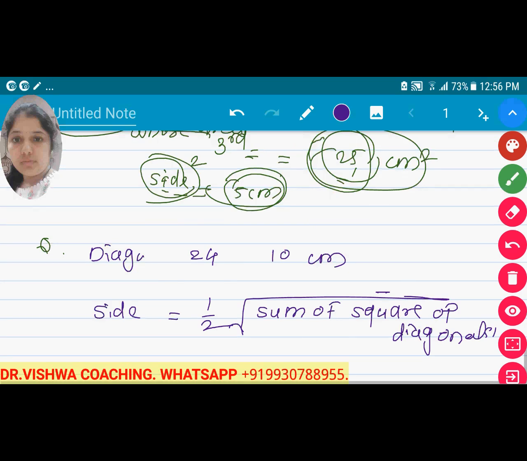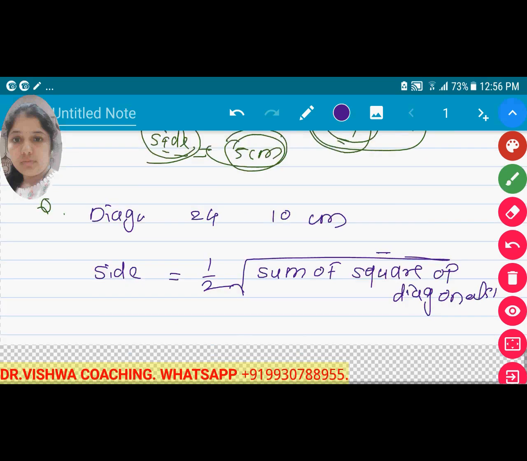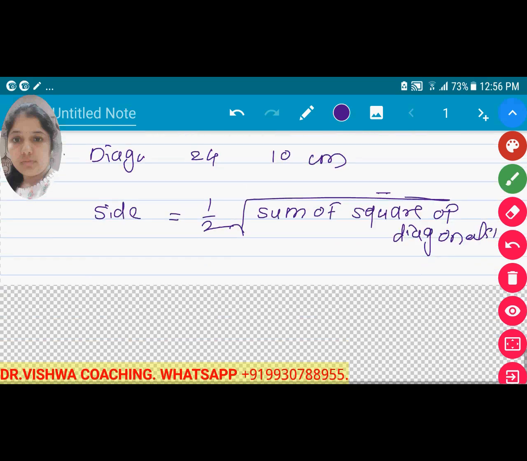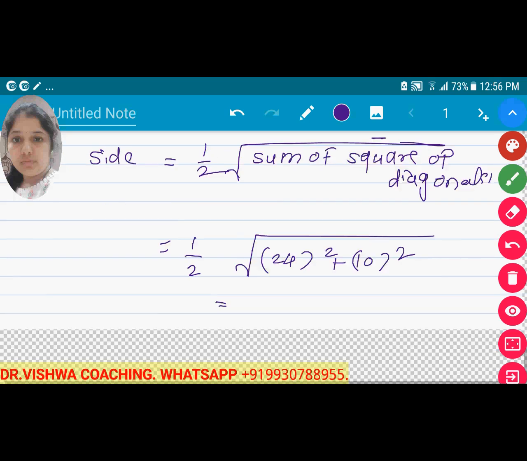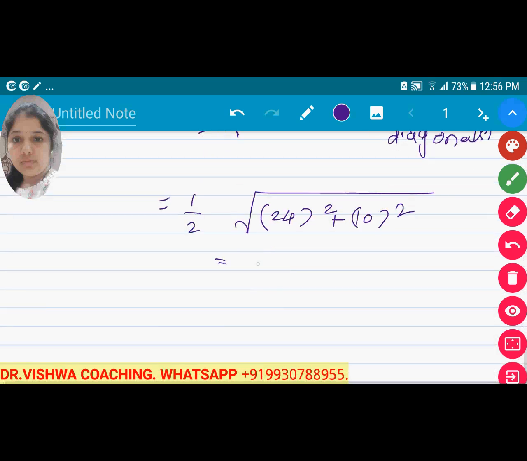Now 1 half under root, the square of 24 and the square of 10. We have to add them. So 1 half under root 676, because 576 is the square of 24 and 100 is the square of 10.